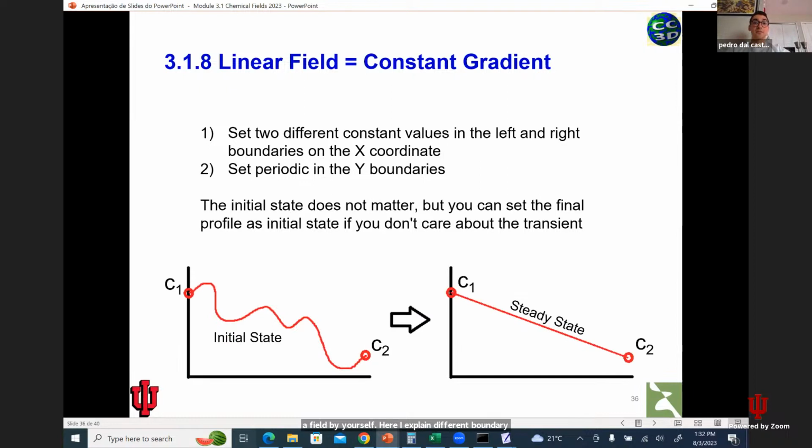And yes, this is an important one: defining a linear gradient. But I will do it in the next session, the next lecture. We have more time. So I will begin with the constant gradient, how to set a constant gradient across space in your simulation.